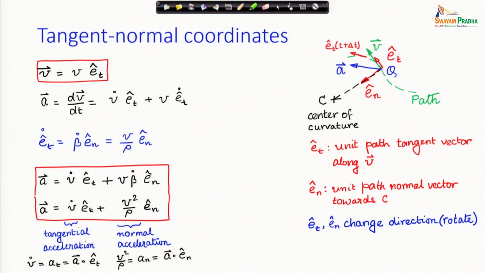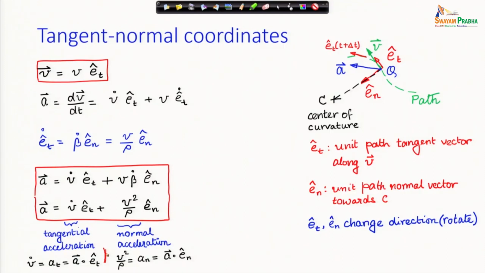Okay, these accelerations have some names. The first term of this acceleration is the tangential acceleration, and how do you find out tangential acceleration? You dot product the acceleration vector with, as shown here, the unit tangential vector E_t cap.